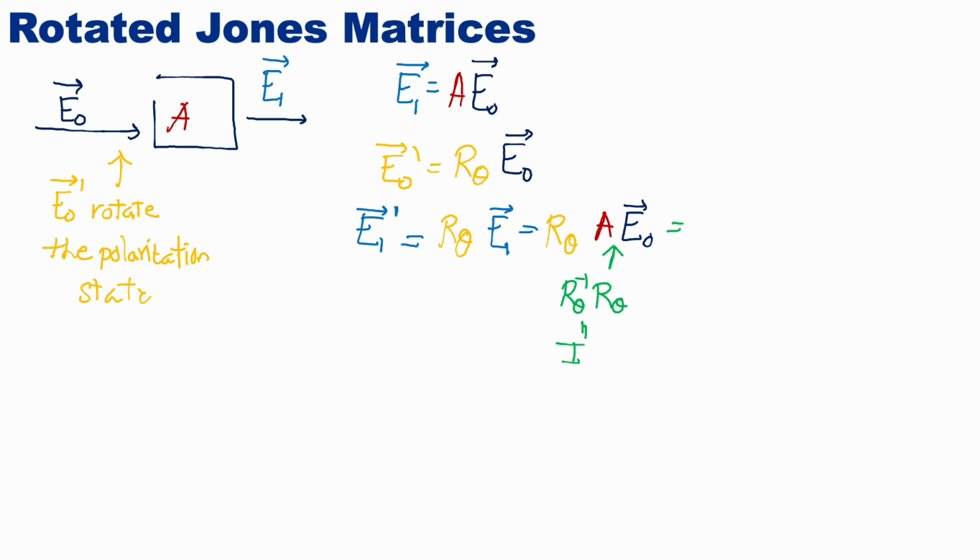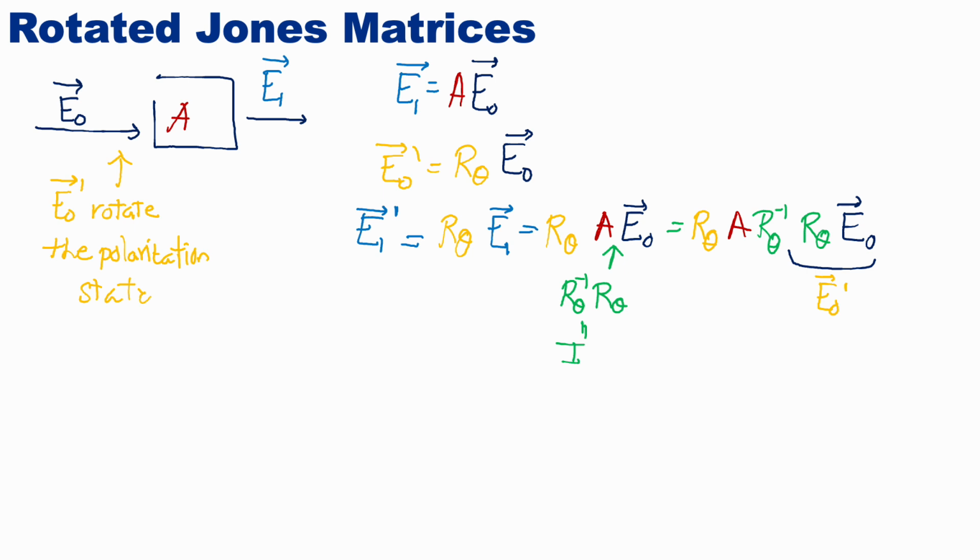So if I put it there, what we're going to have is our rotation matrix, the matrix of our element, the inverse of the rotation matrix, and now here we have the rotation matrix with our original input. But this is what we say is going to be our rotated input, right?